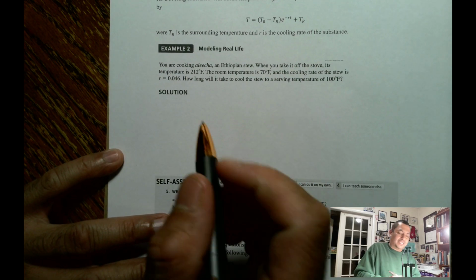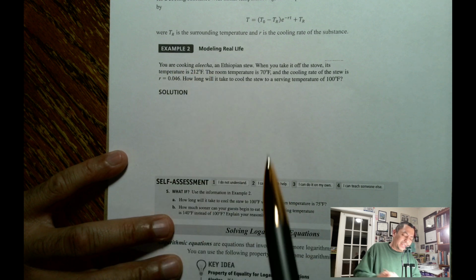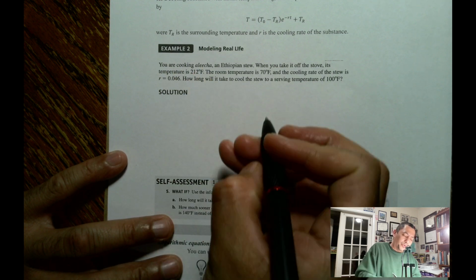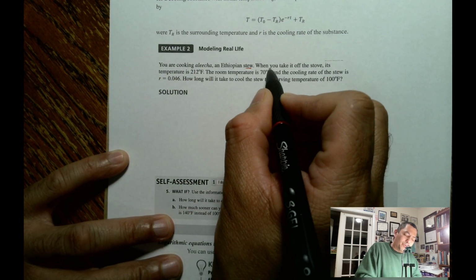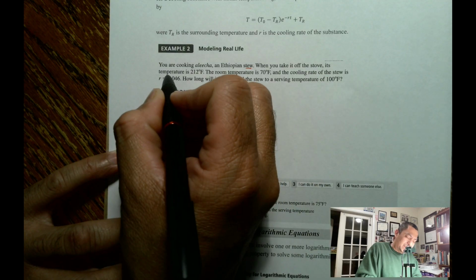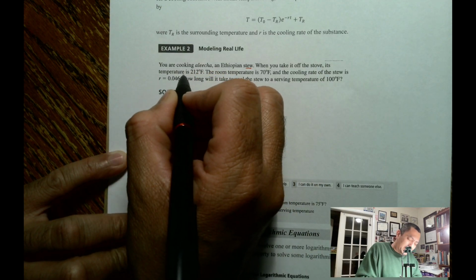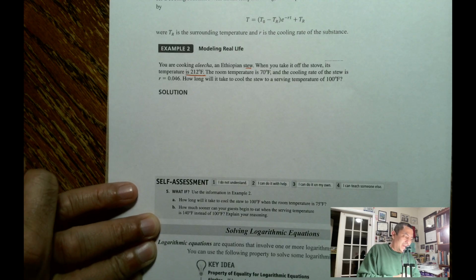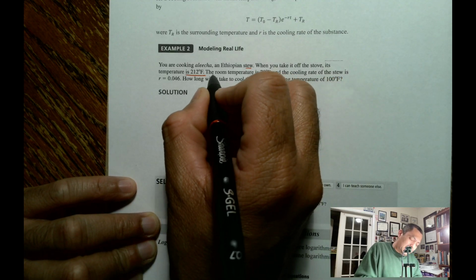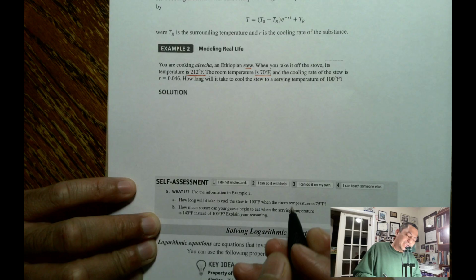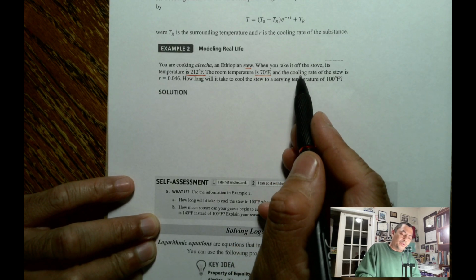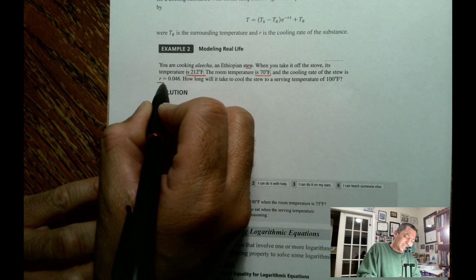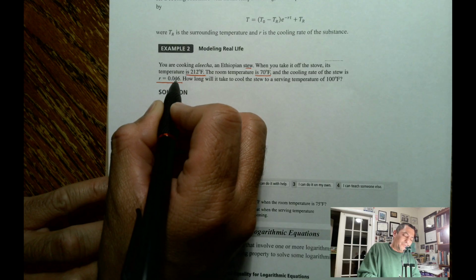So in this case, example number 2, you are cooking a stew. When you take it off of the stove, its temperature is 212 degrees Fahrenheit, the room temperature is 70 degrees Fahrenheit, and the cooling rate of the stew is 0.046.